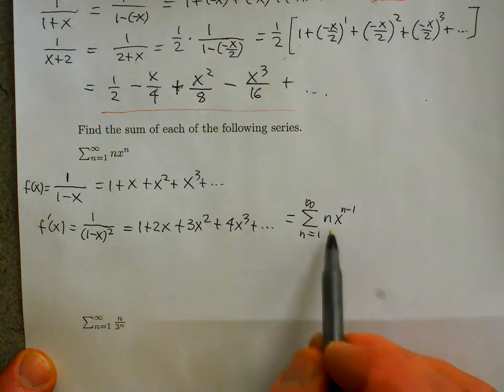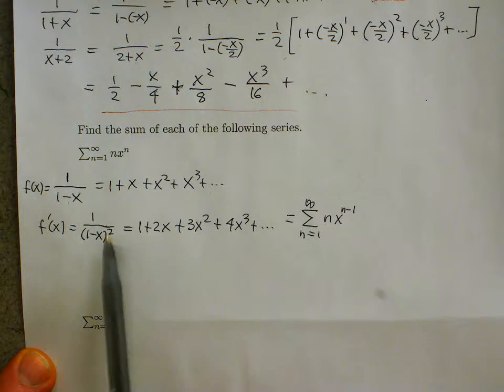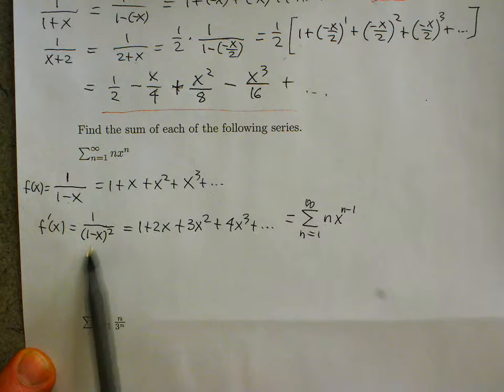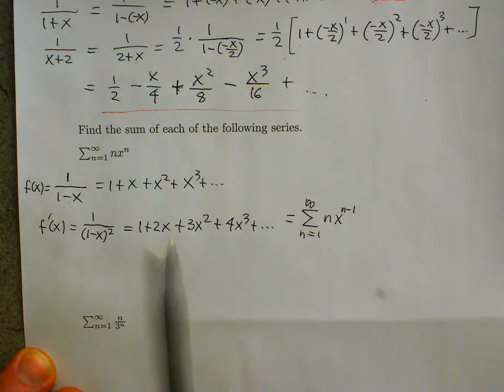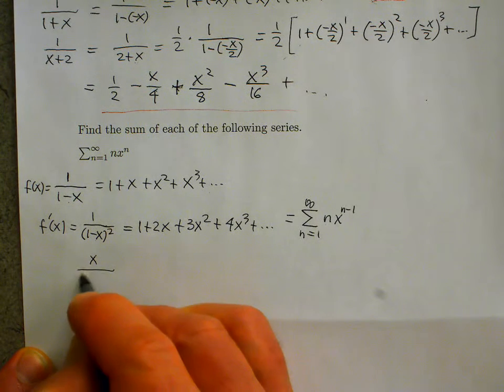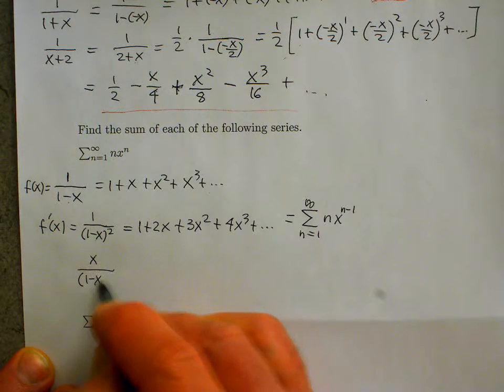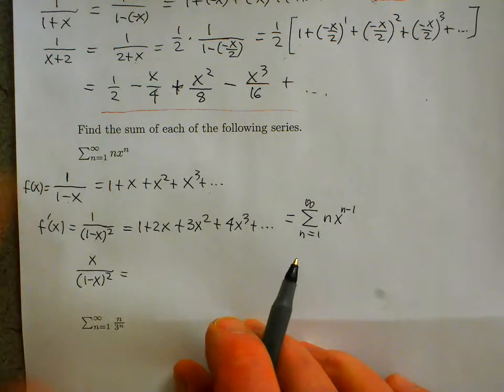So this series, where the terms are n times x to the n minus 1, as a rational function, is 1 over the quantity 1 minus x squared. So if we multiply this by x, we'll multiply the individual terms also.